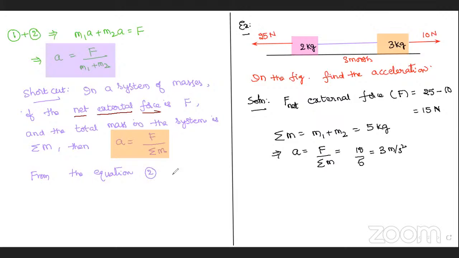T is equal to M2 a, that is M2 into acceleration. I already found here F by M1 plus M2.